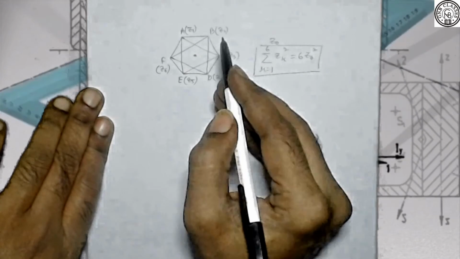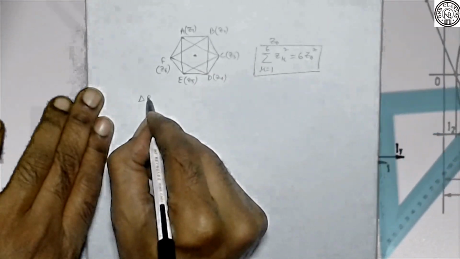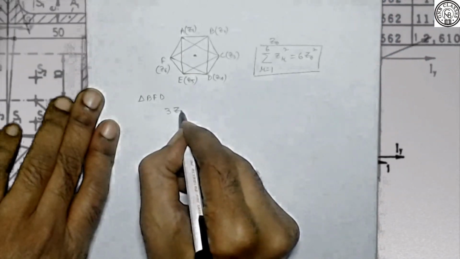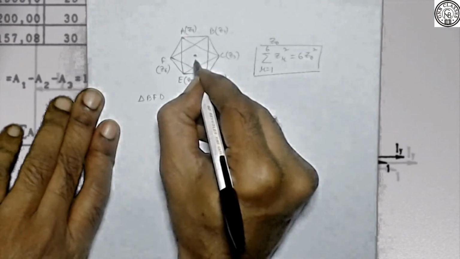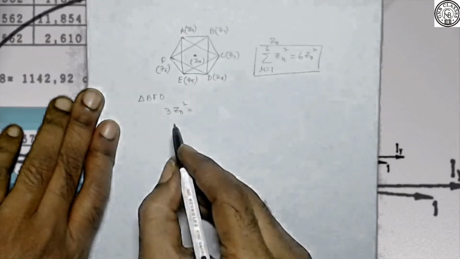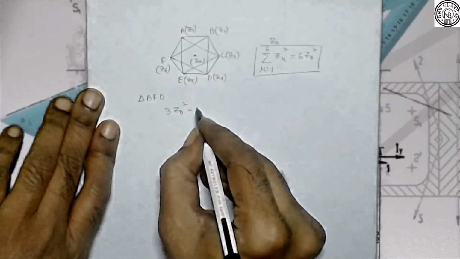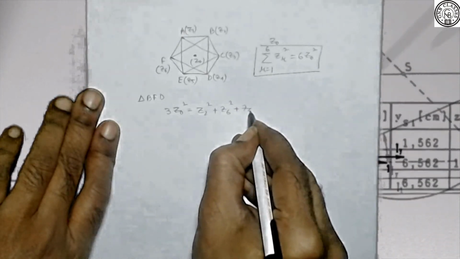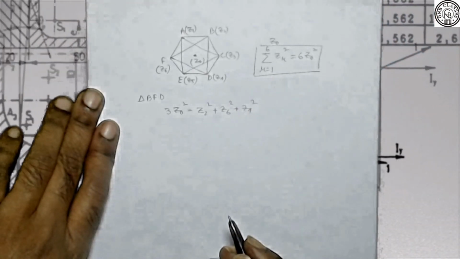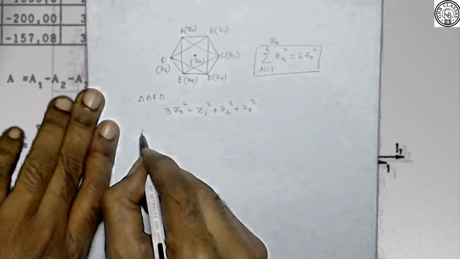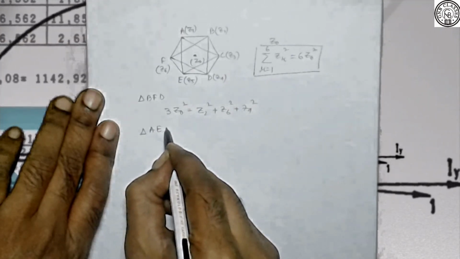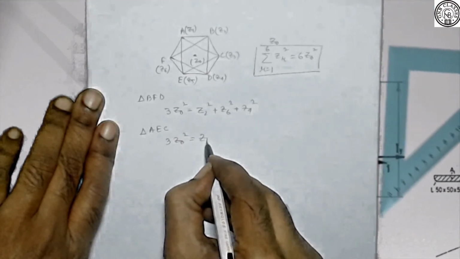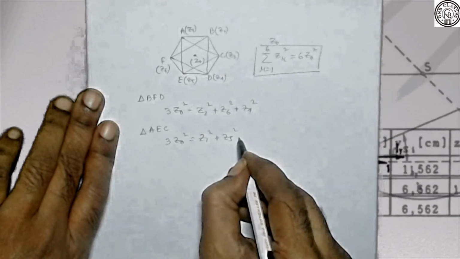Is it clear? Now, if we consider the triangle BFD, we can say that 3Z0 square is equal to, because this point is Z0, right? 3Z0 square equals Z2 square plus Z6 square plus Z4 square. Right, now we have proved this. Similarly, if we take the triangle AEC, in that case also 3Z0 square will be equal to Z1 square plus Z5 square plus Z3 square.